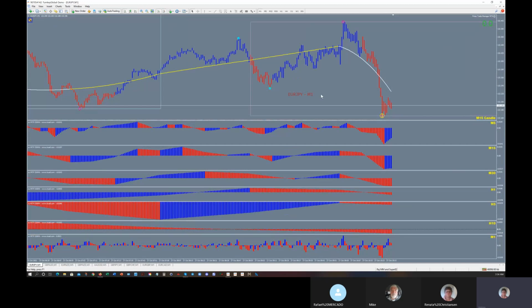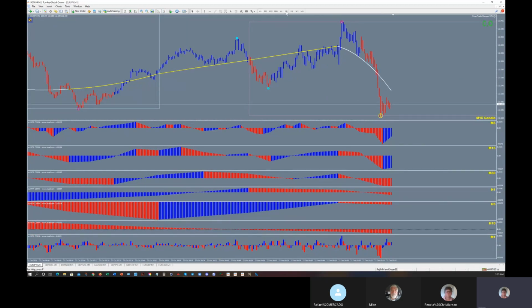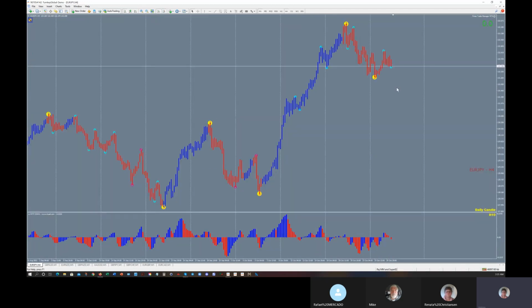Euro yen was the other one. It's another miserable one. It's finishing up, trying to set up to go long, but this is not ready. So this may push down a little lower. So let's see on the 15.